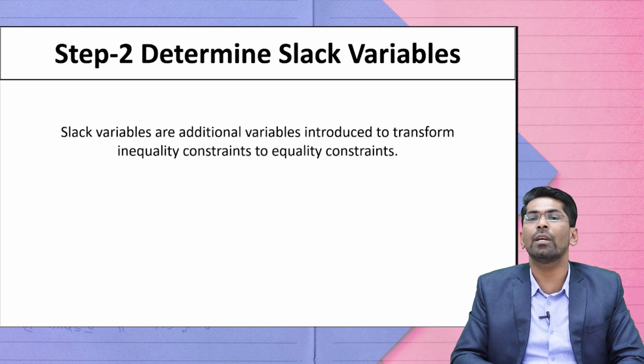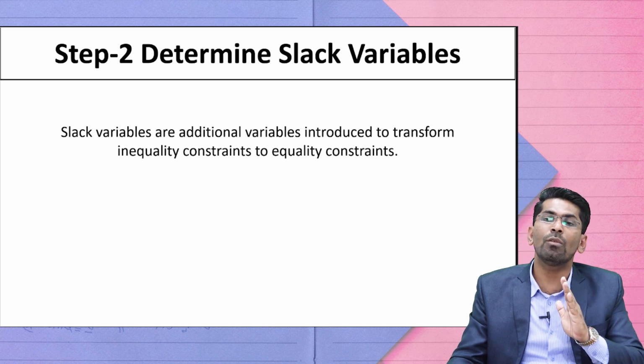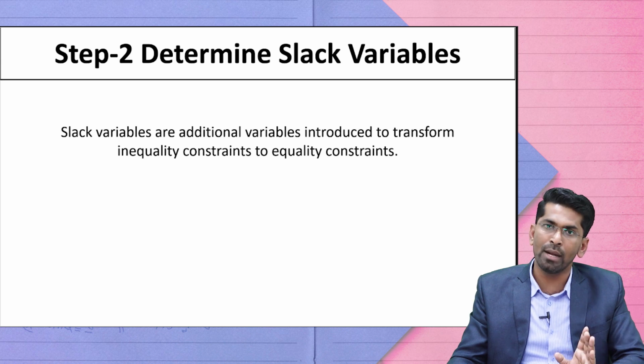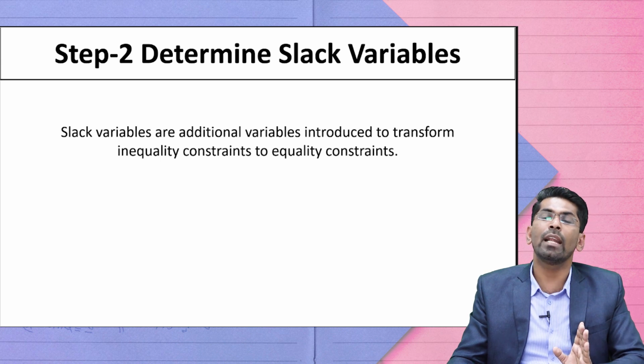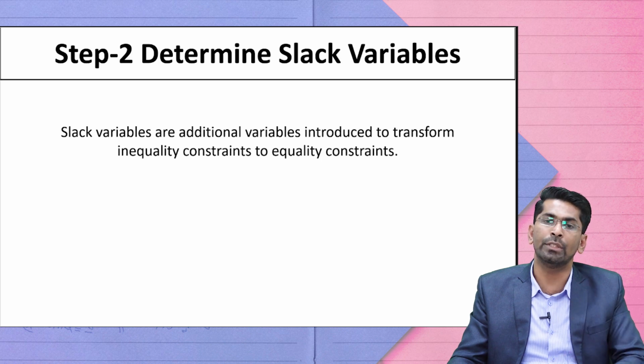Of course we know slack variables are additional variables introduced to transform the inequality constraint into an equality one. So we add slack variables into the concerned equation with the coefficient 1, and at the same time the slack variables of the other equations are given the coefficient 0.